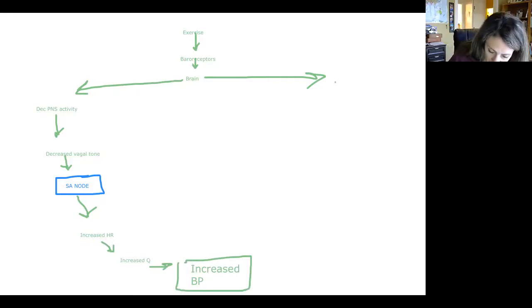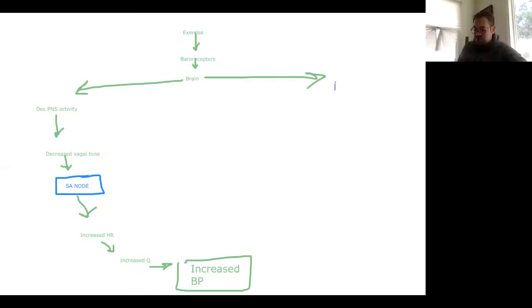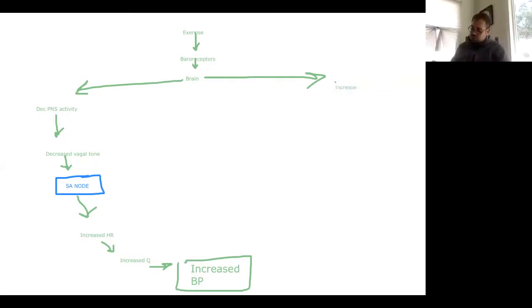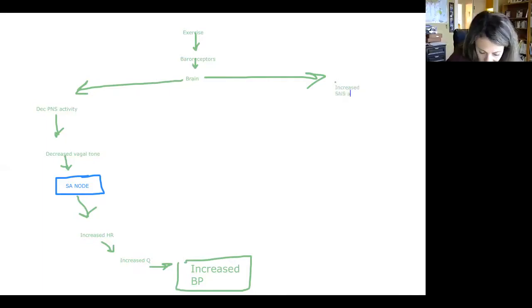What was the other choice for the brain to do? Besides decreasing parasympathetic activity, we could also increase sympathetic nervous system activity. Okay, how many branches do we have coming off of this?